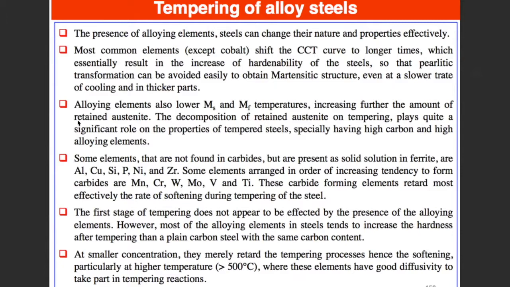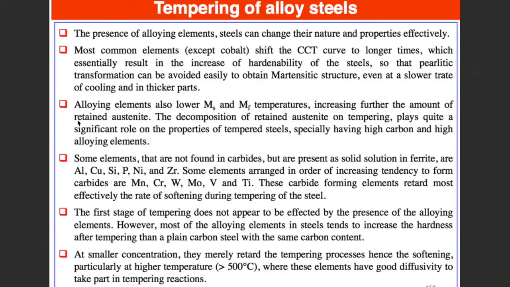Alloying elements also shift the martensite start and martensite finish down, right? Which means that the martensite finish can now be lower than room temperature. So generally the higher the alloying, the more retained austenite you're going to have, right?